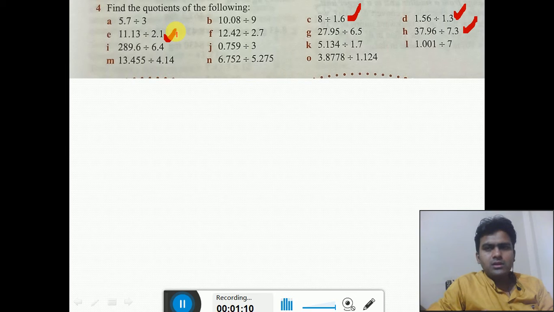In many of these questions, we have to multiply the divisor by 10. See this question number C we are solving. We have to make the divisor a whole number. The divisor is right now 1.6. Now how to make this 1.6 a whole number?